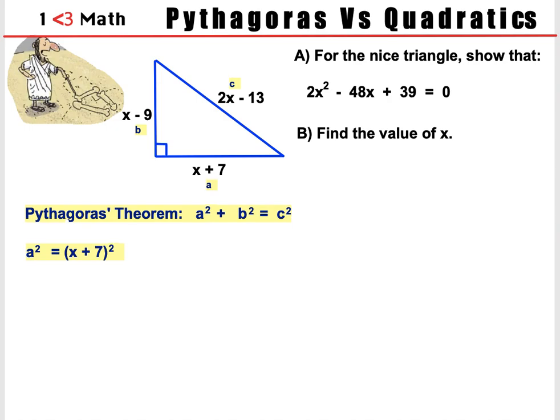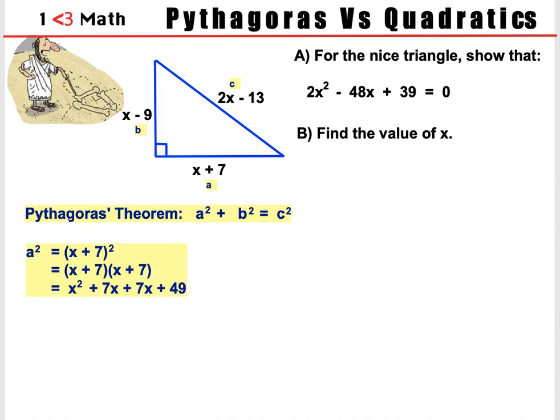Now, when you've got a bracket squared, it's the bracket times the bracket. That's very important to remember. So then we can use the FOIL method to multiply it out. Starting with x multiplied by x gives us x squared, x multiplied by 7 gives us plus 7x, again plus 7x for the plus 7 multiplied by x, and then finally plus 7 times plus 7 is plus 49.